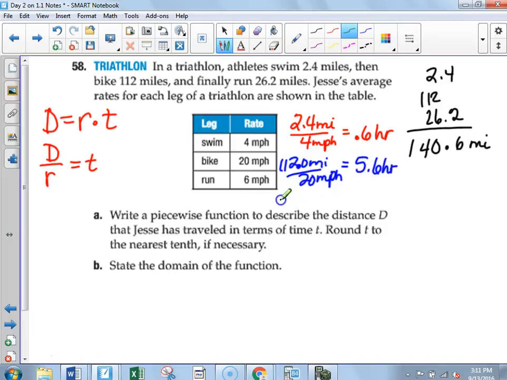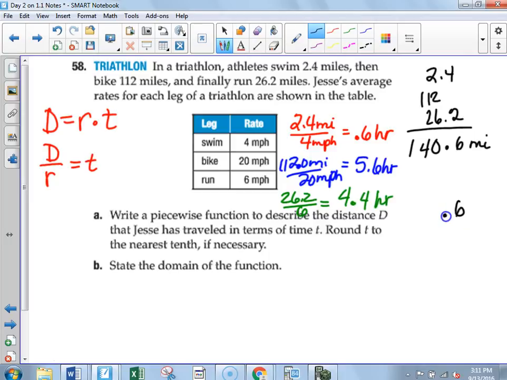And then, fresh as can be, he's going to start a marathon. 26.2 divided by 6 miles per hour. 4 point something. 4.38 or 4.4, roughly. It says round to the nearest tenth down here. Is that right? Did I hear everybody right? Okay. Let's find his total time just for fun. We're going to need it anyway.